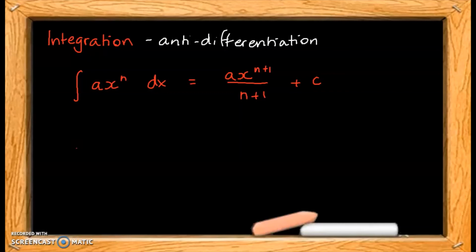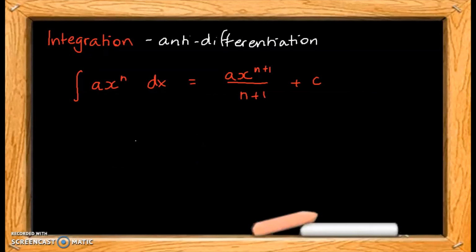Now it's worth keeping in mind as well that if I have a function f dash of x, if this is the derivative, then the antiderivative is f of x. But if I start off with f of x and I want to take the antiderivative of that, I can do that, and I call that capital F. So there's a couple of different ways to write it.